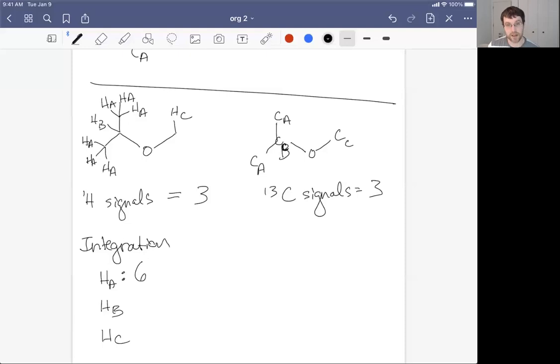So we have 6 H atoms for HA compared with 1 H atom for HB, and then HC would actually have 3 H atoms. So the answer for the integration in this case is 6 to 1 to 3. If we divide by the greatest common whole number denominator amongst all of these, it's 1. So we have a 6 to 1 to 3 ratio. If you just wanted to focus on HA and HC, you'd have a 2 to 1 ratio.